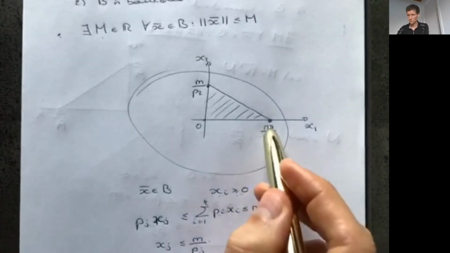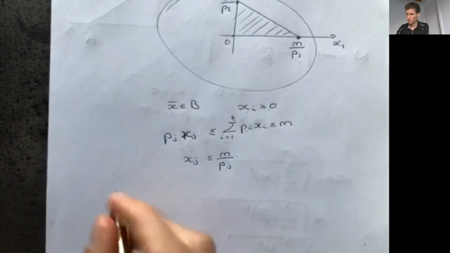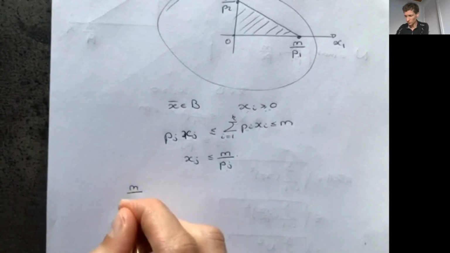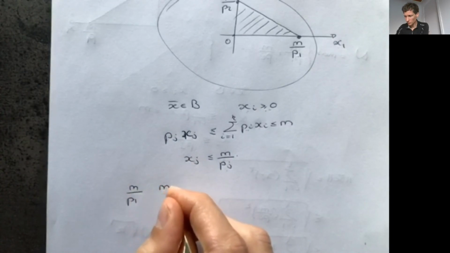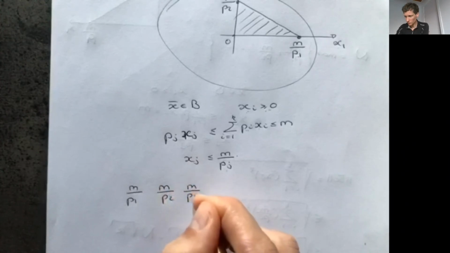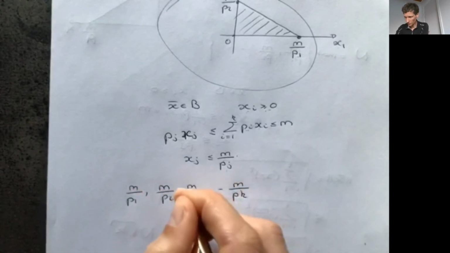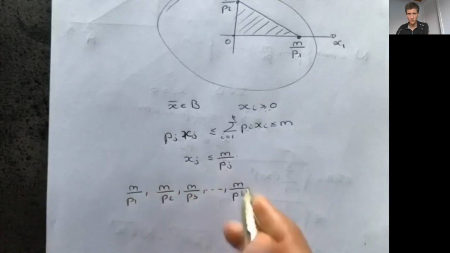This is how you get to this maximum here. These numbers, m over the price of the particular good, are quite interesting: m over the price of good 1, m over the price of good 2, m over the price of good 3, and so on until m over the price of good k. Prices are strictly positive, so all these numbers are finite.